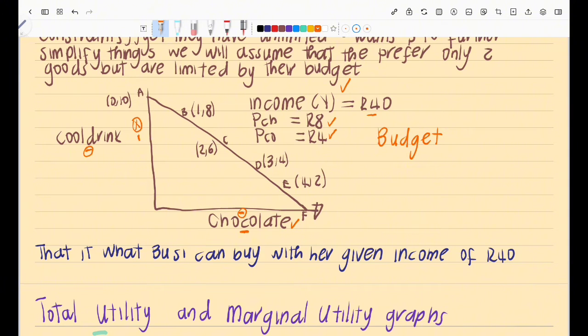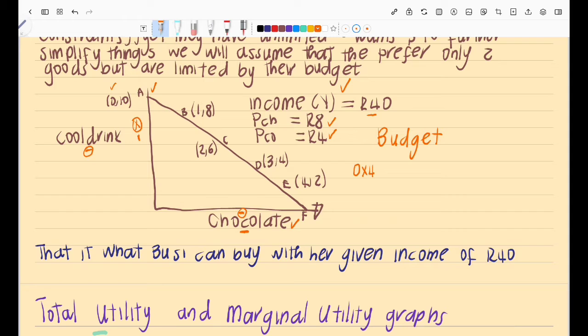And you can have different combinations. The first one is A, and I am consuming 0 chocolates. So meaning, remember, my budget is 40. So whatever combination I'm consuming needs to be limited to 40. So you have 0, the quantity, times the price of chocolate.